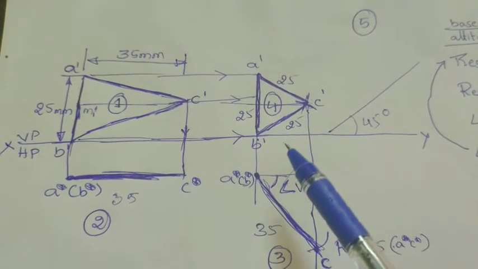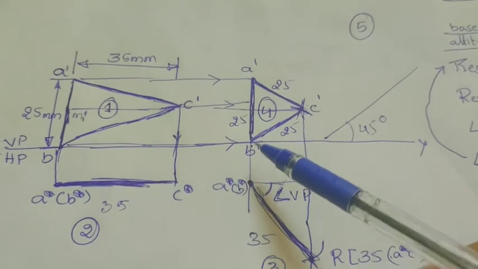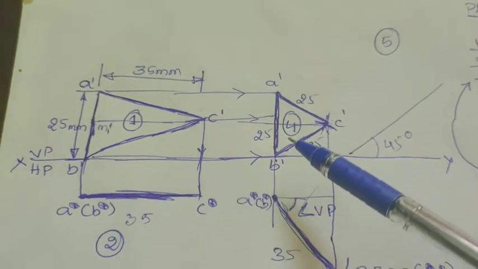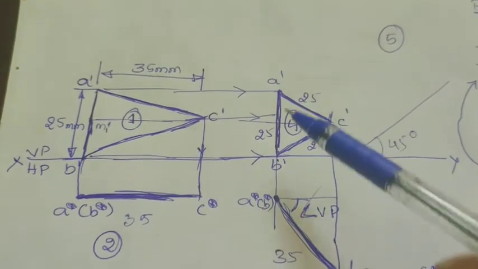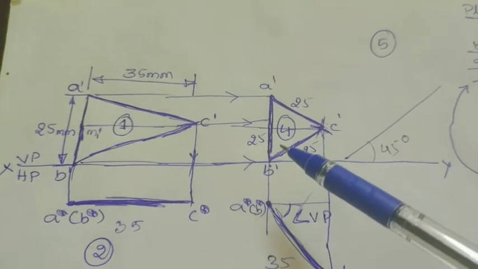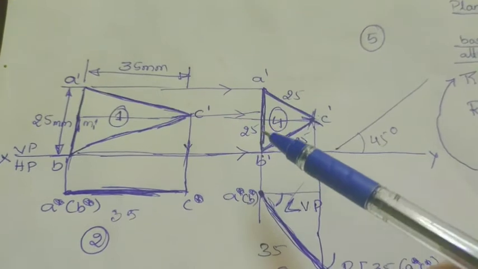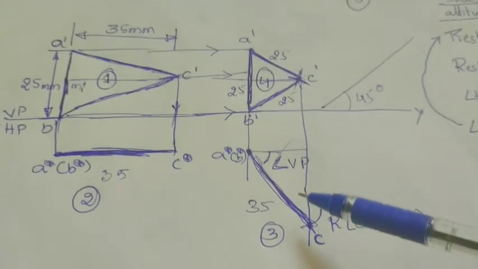Why A dash to B dash? Because this line is perpendicular to HP. When it is perpendicular to HP, obviously this line will be parallel to VP. The only line parallel to VP will be A dash B dash. Other lines will be inclined with respect to VP.